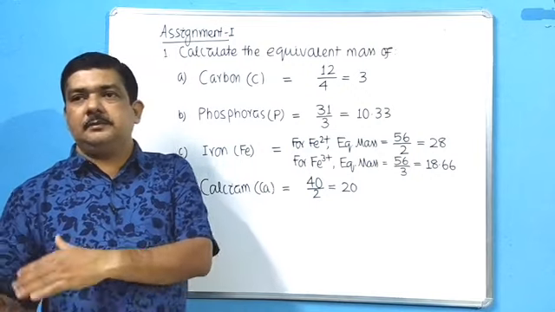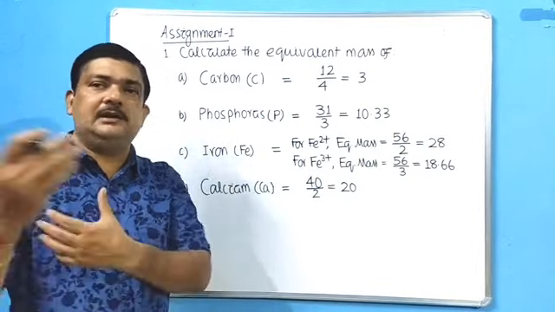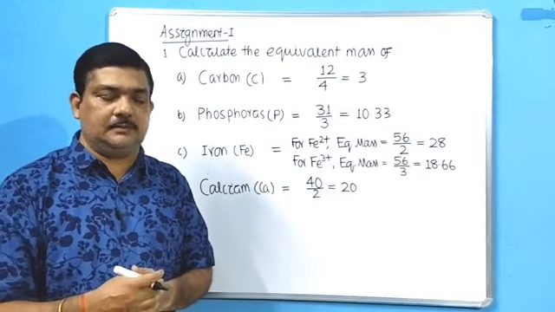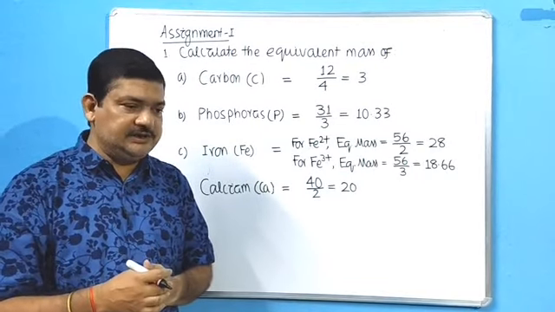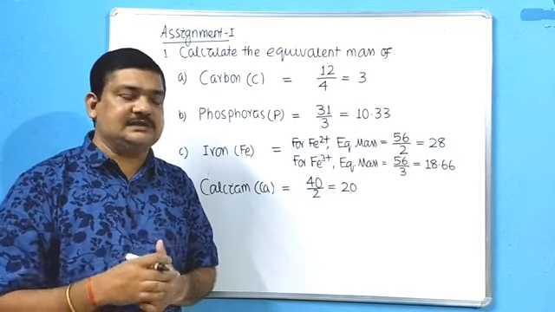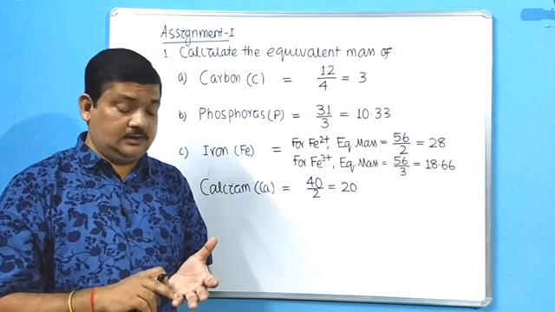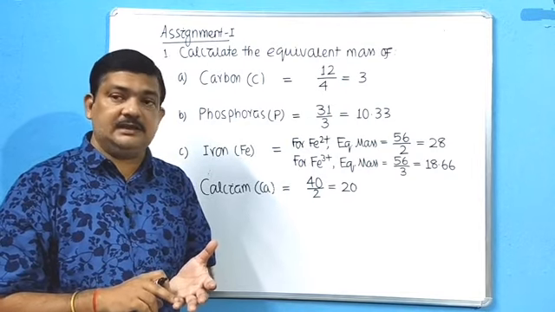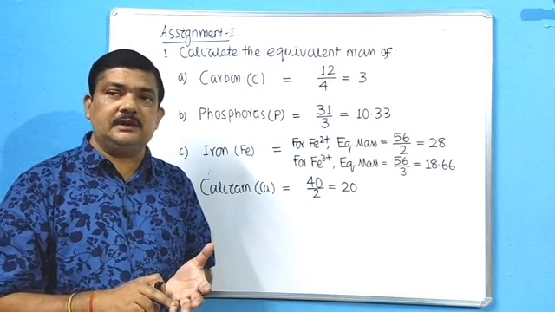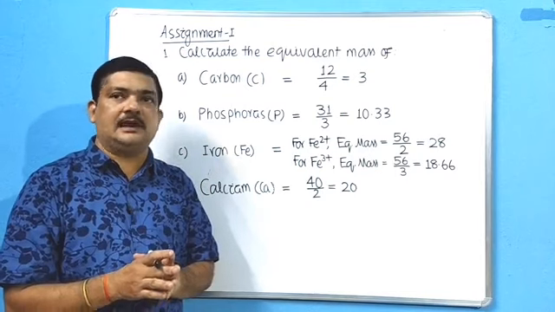Below 0.5 it goes back to the previous number, and above 0.5 it goes up to the next number. So make it a habit not to write atomic masses in decimals. Only hydrogen, chlorine 35.5, and copper 63.5 are exceptions. All others you have to round up. It will be better for you to calculate.